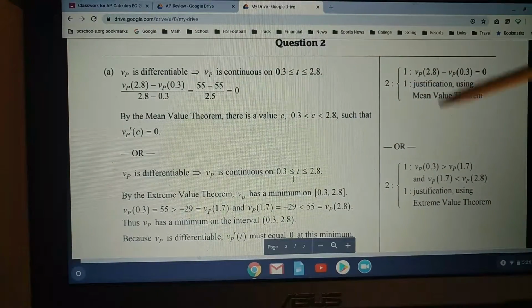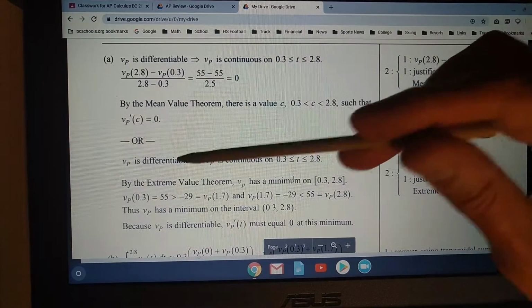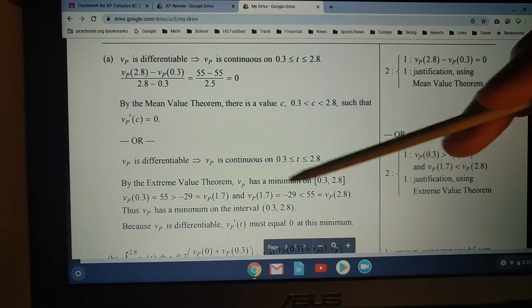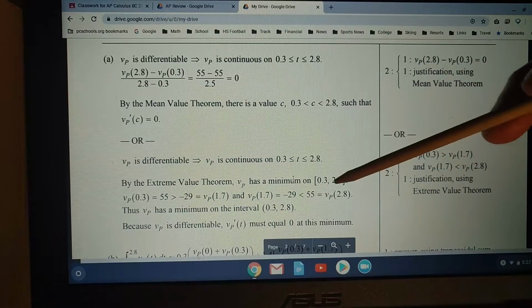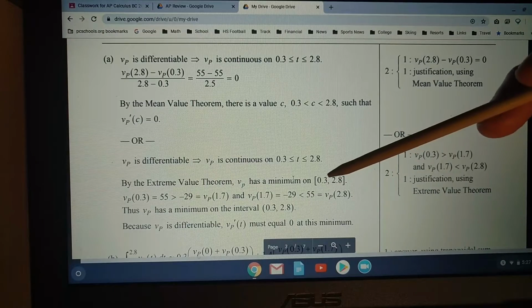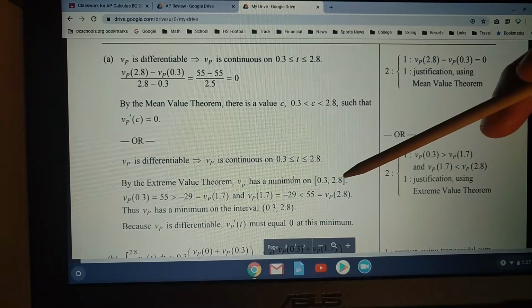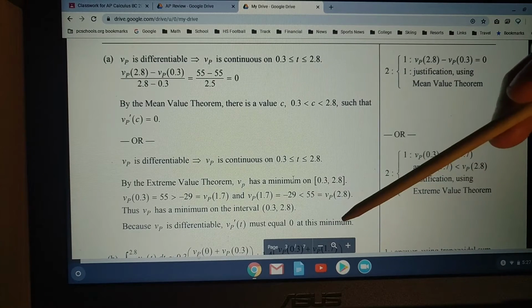The other way you could do it is using the extreme value theorem. And with the extreme value theorem, you still have to have the differentiable and continuous piece. It's unlikely that you would have done it this way, but you could. So basically what you would have to say is that it has a minimum on that closed interval, and then you could go ahead and do your evaluation.